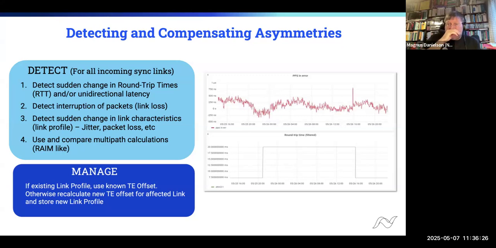And here we have illustrated this where we intentionally did an asymmetry change, or increased the delay in one direction. And you can see here how the produced PPS from this node has one spike only at the time of the failing part, and that was a slight miss in the software that we fixed later.